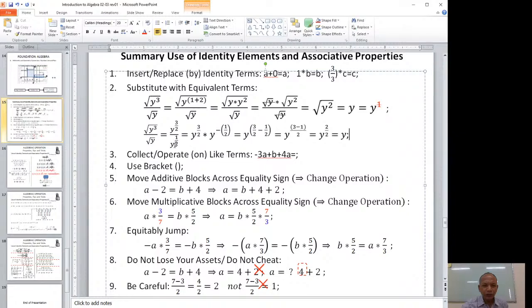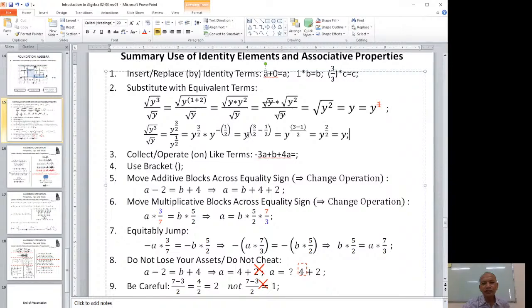Here, square root of y means y to the 3 over 2 multiplied by y to the negative 1 over 2, a negative exponent.